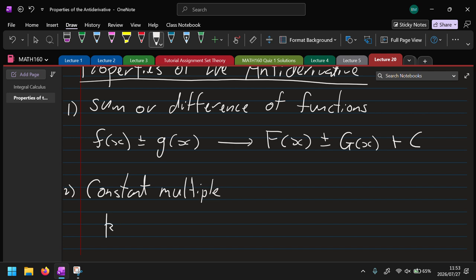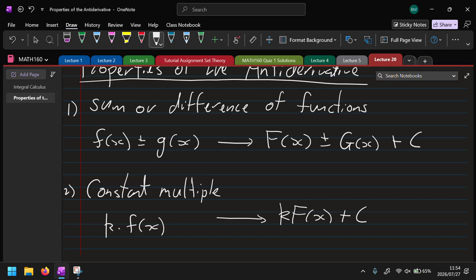Okay, let's say we have some k times f of x. We want to find the antiderivative of this. Very easy. It's just k times the antiderivative of f, plus c. Okay, again, when in doubt, put plus c.